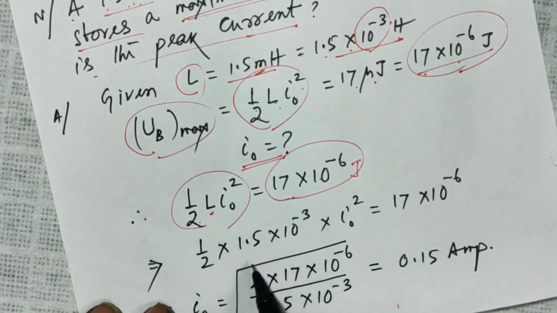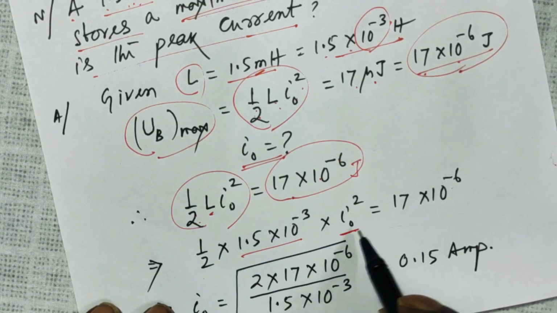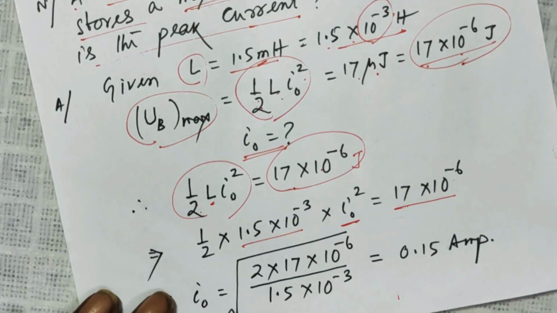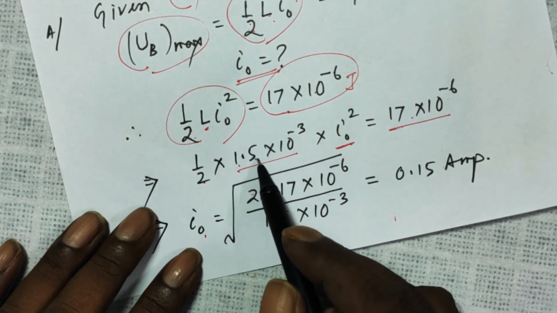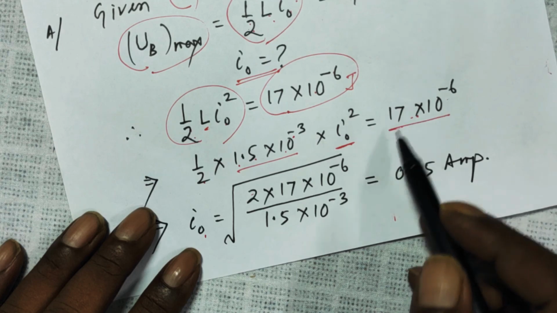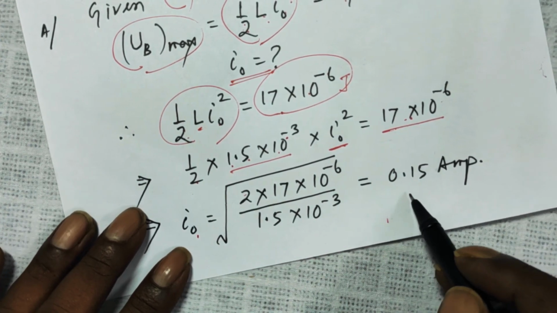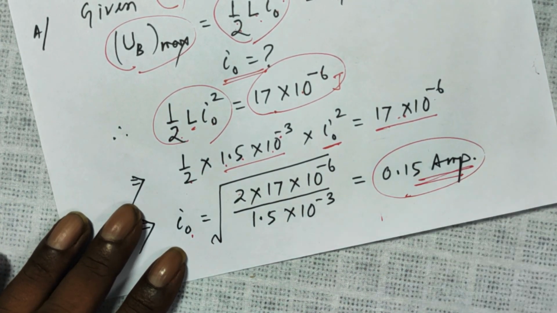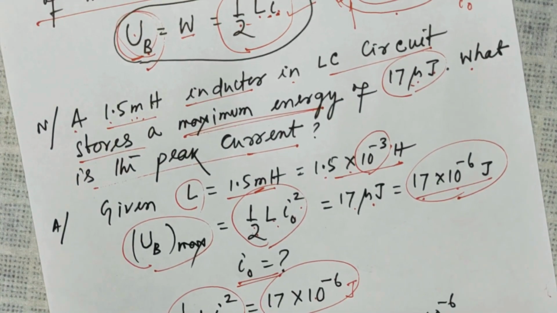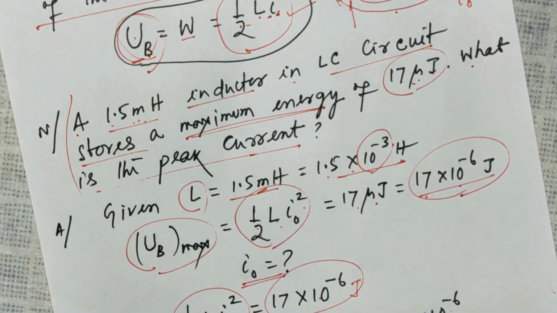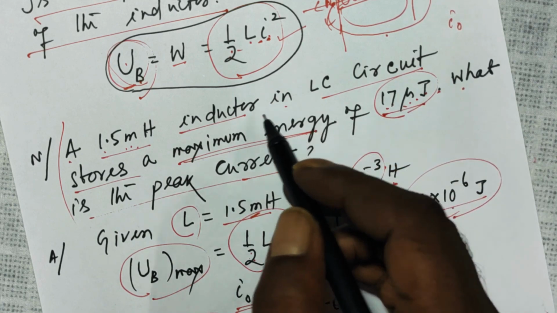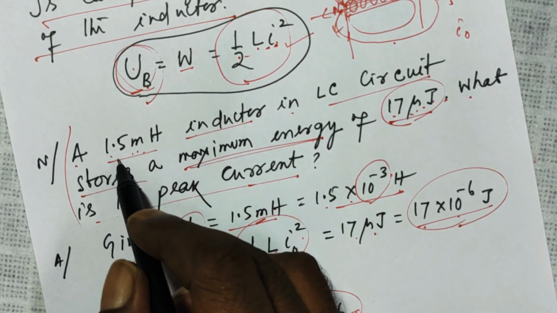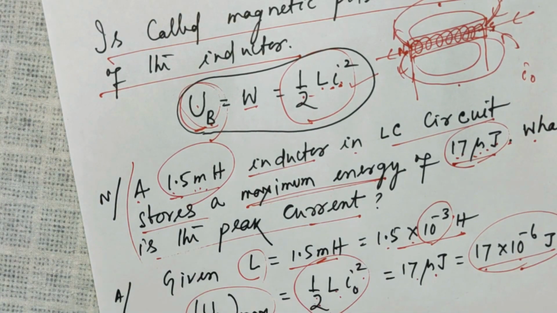So I naught is equal to, this 2 comes here, this 1.5 into 10 to the power minus 3 comes to this side, it's divided, square root of that, this comes out to be 0.15 ampere. So this is the maximum current when the maximum energy is equal to 17 microjoule in an inductor having value 1.5 millihenry.